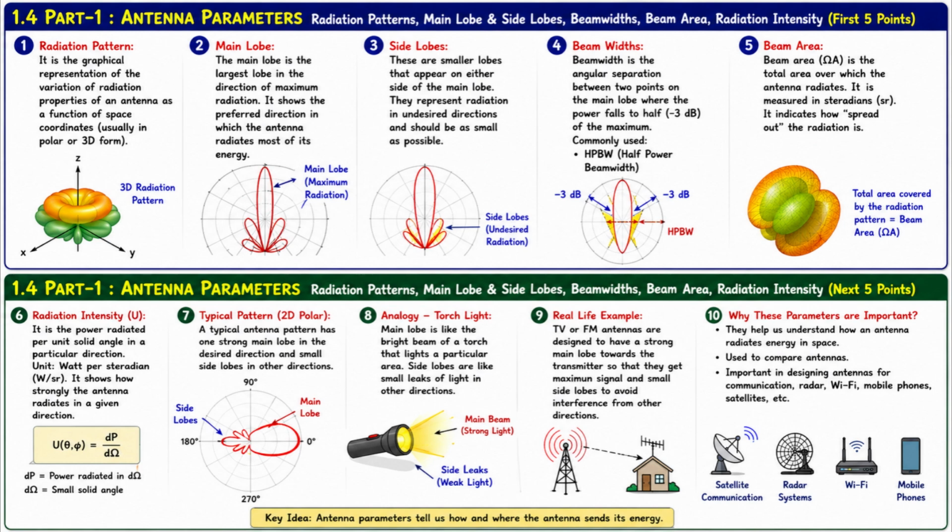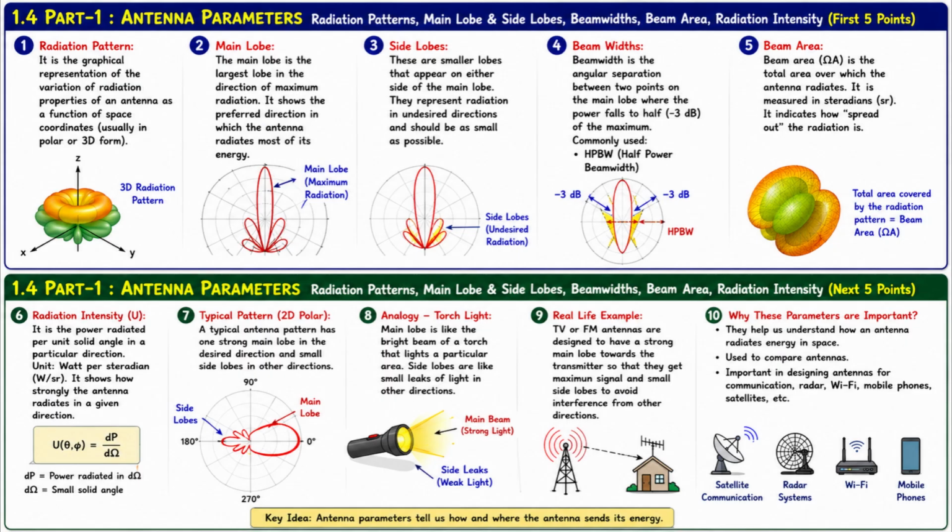Radiation pattern can be explained like this also. It is like a torchlight spread. Some directions get more energy, in some directions less energy will be there.